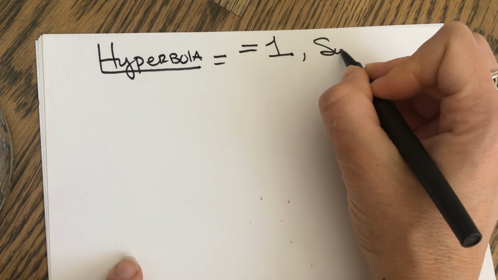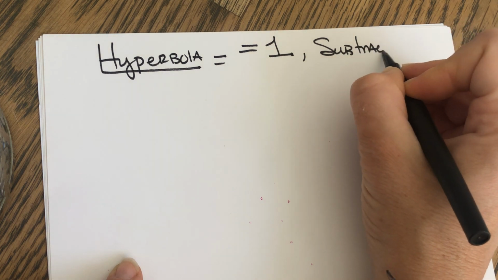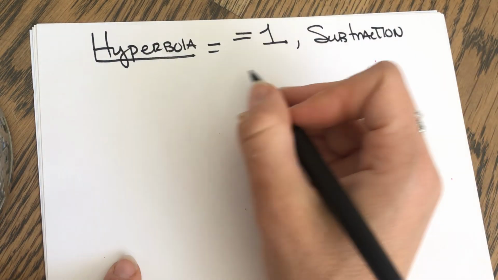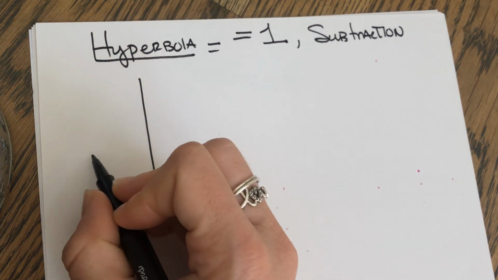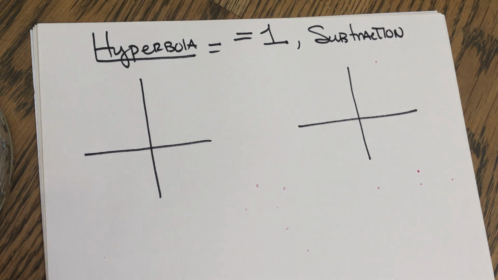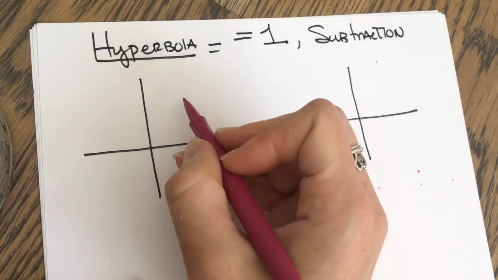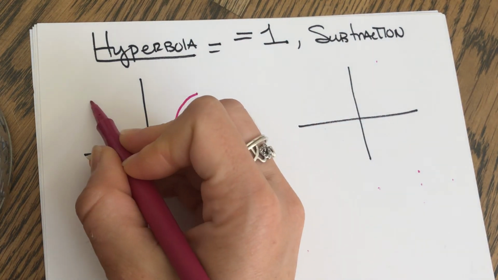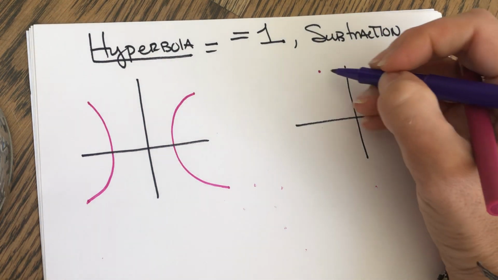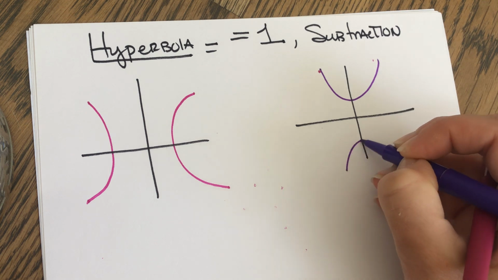However, hyperbola is subtraction. We should know hyperbola has 2 branches. Remember, you guys can have picture, picture. I can go my hyperbola like this, or I can go my hyperbola like this.